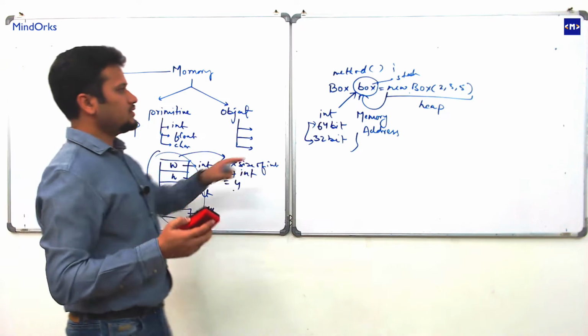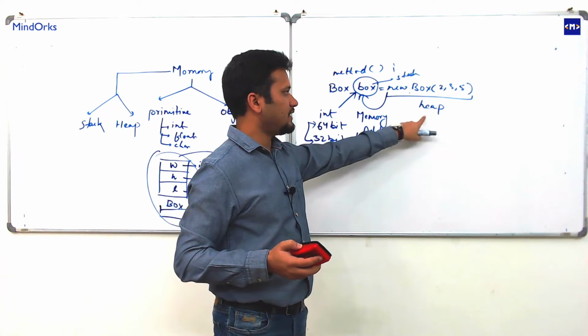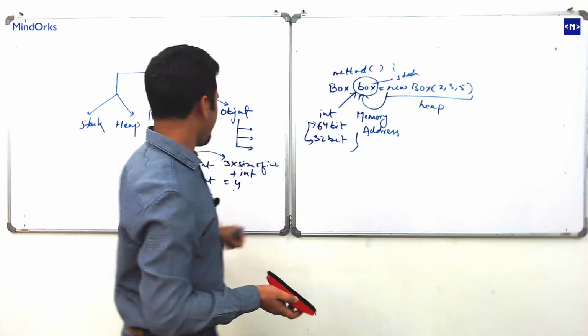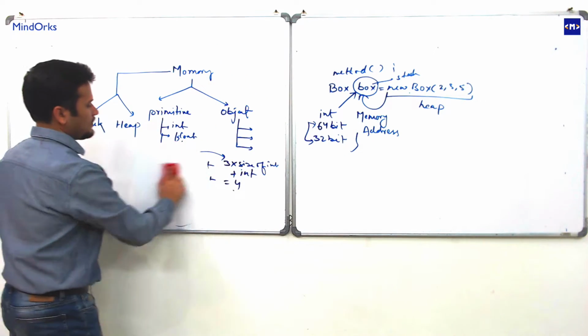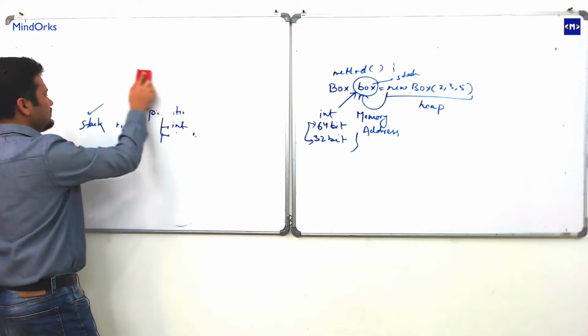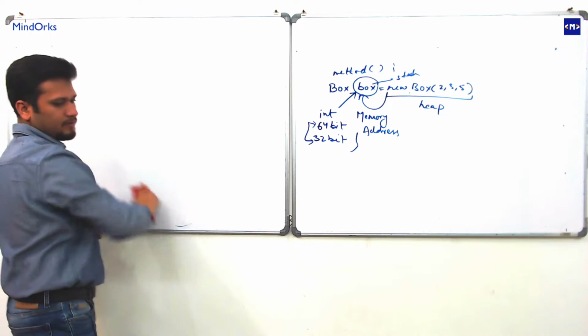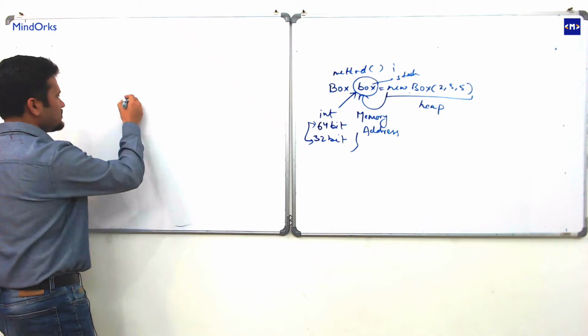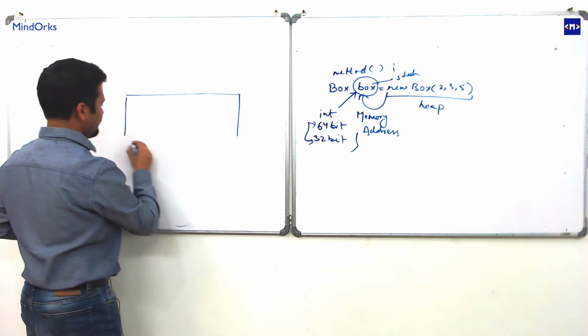Now you understood how the object is created and stored in the heap and what actually this box is. Now I'll give you a model to understand what's happening in this case. Suppose this is the RAM of your device.